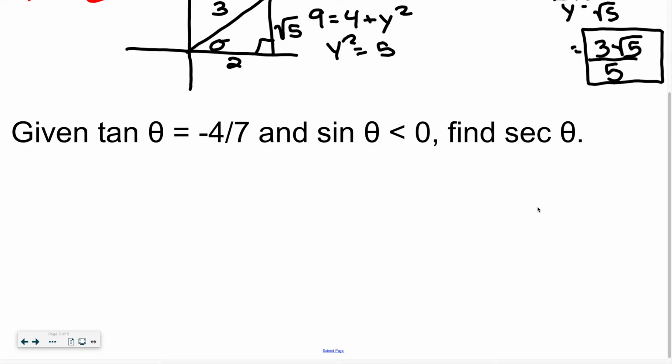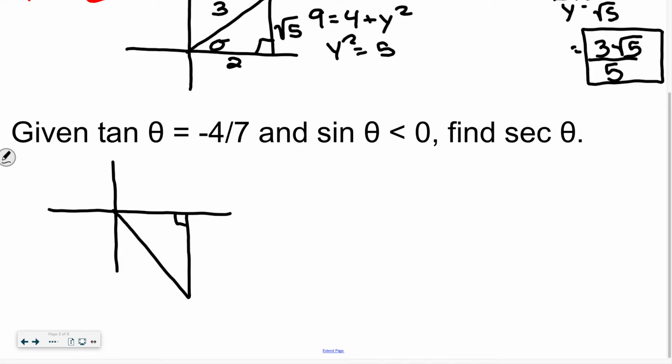Quadrant 4. Tangent and sine are negative in quadrant 4. You know what I did? I somehow squared this wrong. I'll get back to you. Yeah, this one. Yeah, I did that.